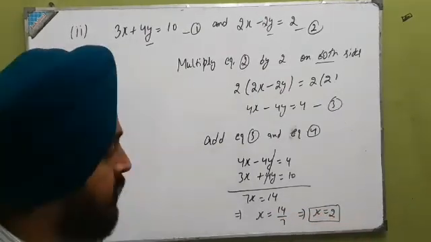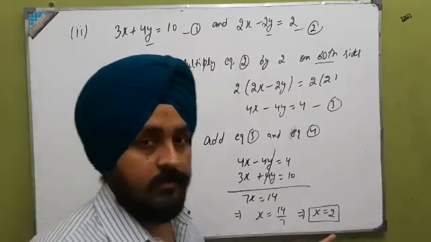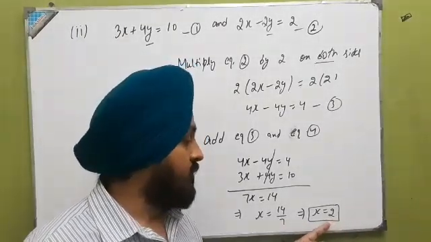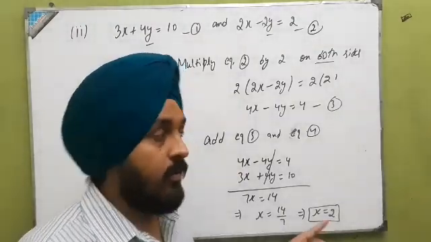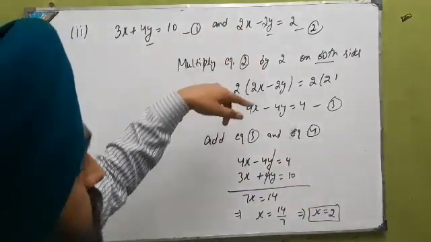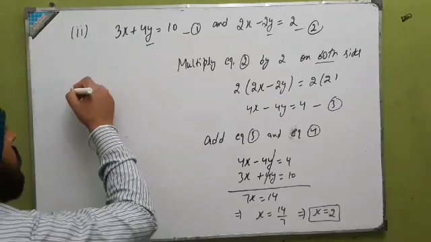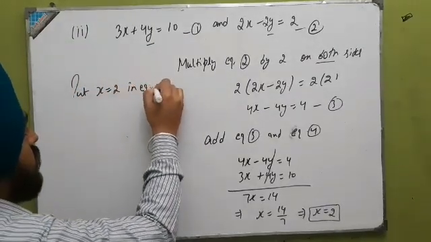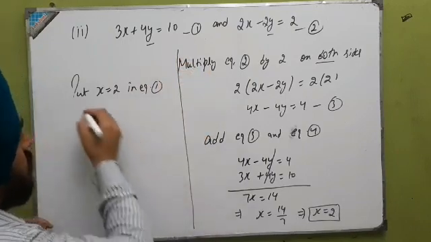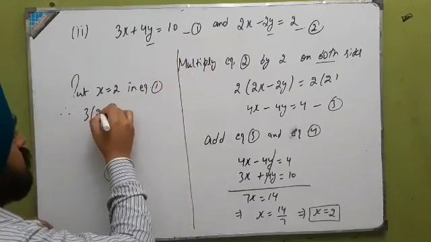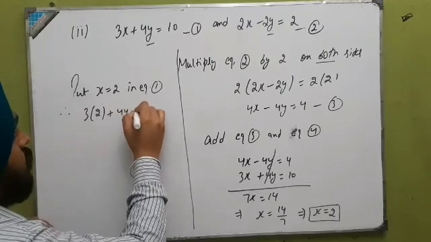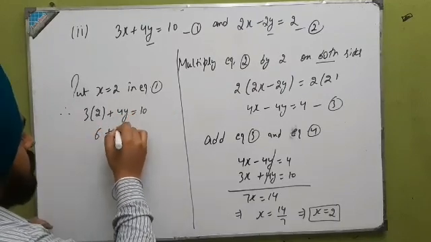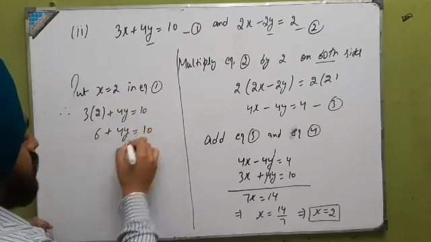Clear? Very simple. Now to get the other variable y, you have to put this value of x equal to 2 in any one equation, first or second. Clear? Put x equal to 2 in equation first. Therefore 3 times 2 plus 4y is equal to 10. That is 6 plus 4y is equal to 10.